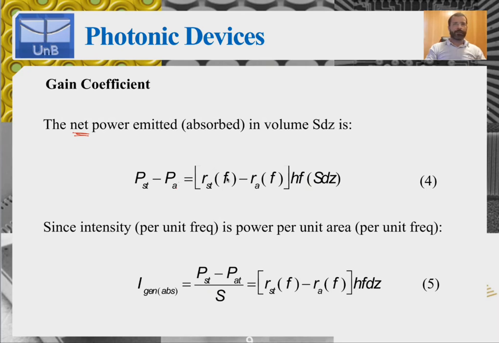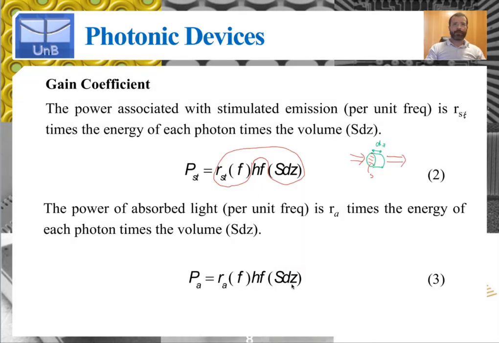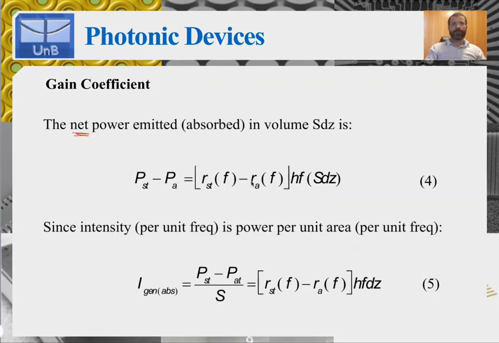If we subtract these two expressions, all of these terms are in common, hf times S dz, and we end up with (R_st minus R_a) multiplied by hf S dz. So this is the net power, the surplus power, the power that is effectively emitted by the material and not absorbed by the material.